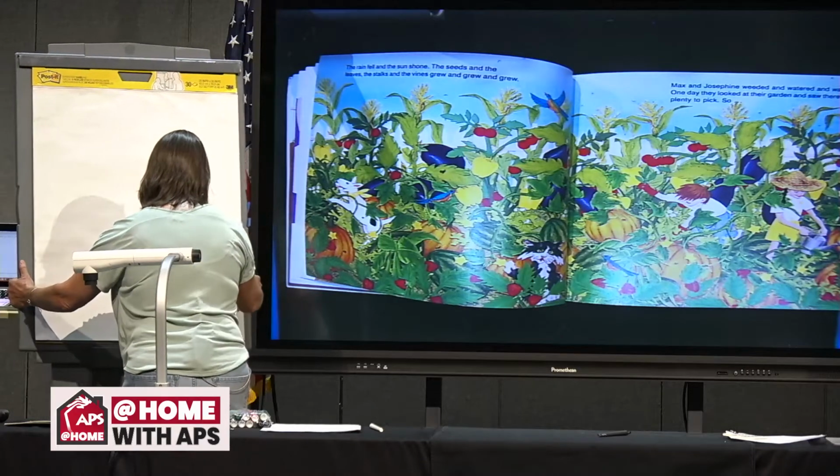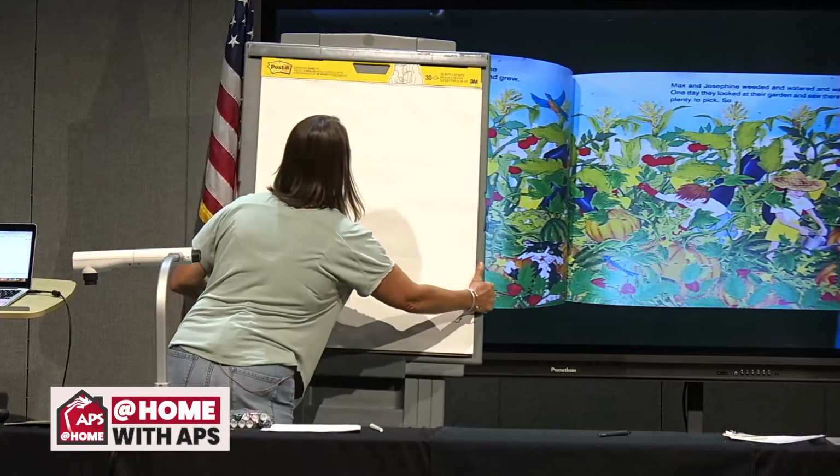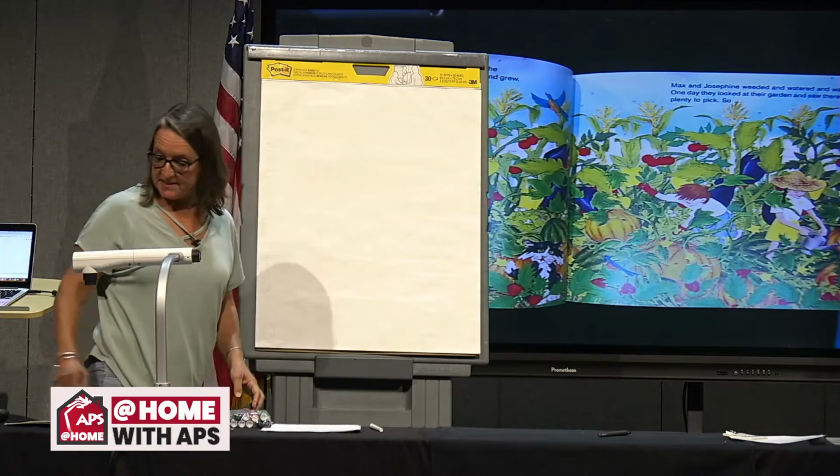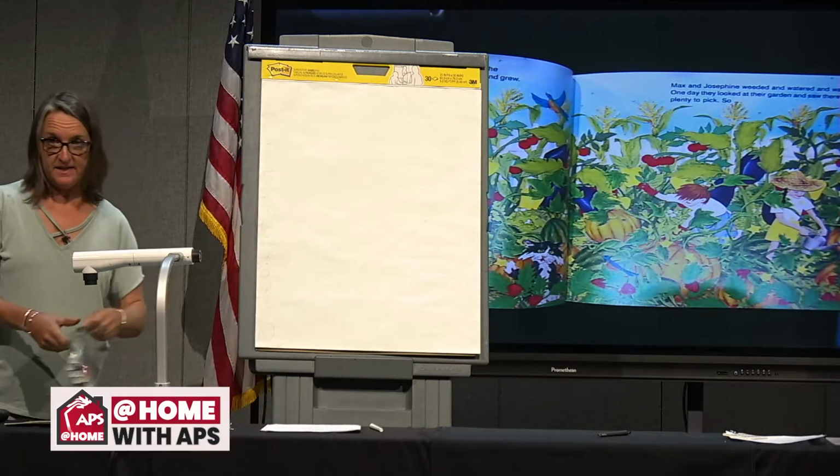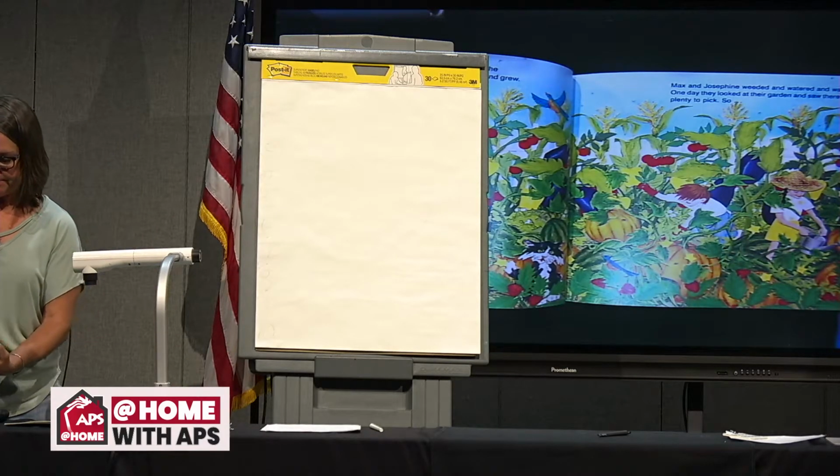We got some practice counting to 10, right? And counting to numbers up to 10 by counting the seeds, right?